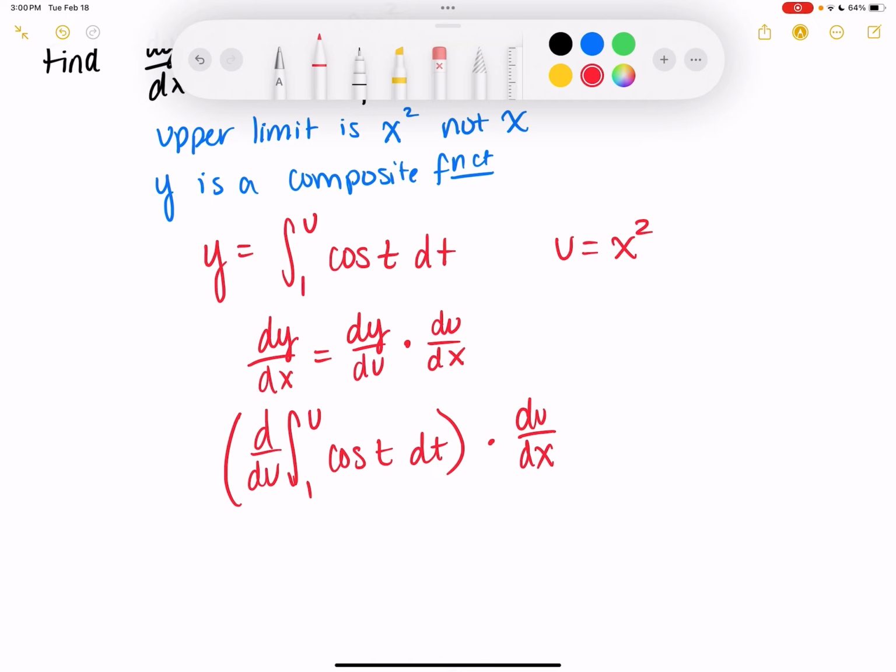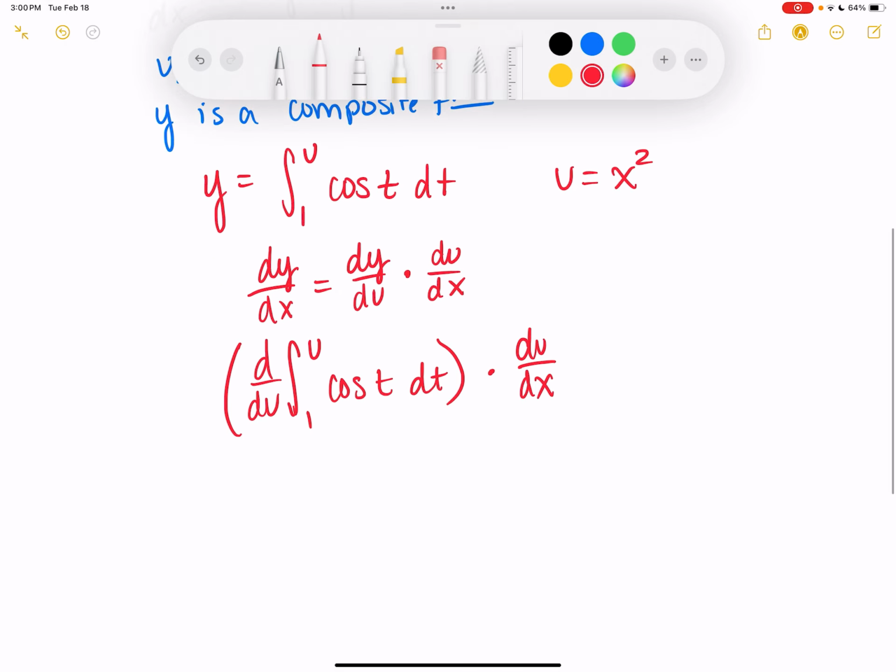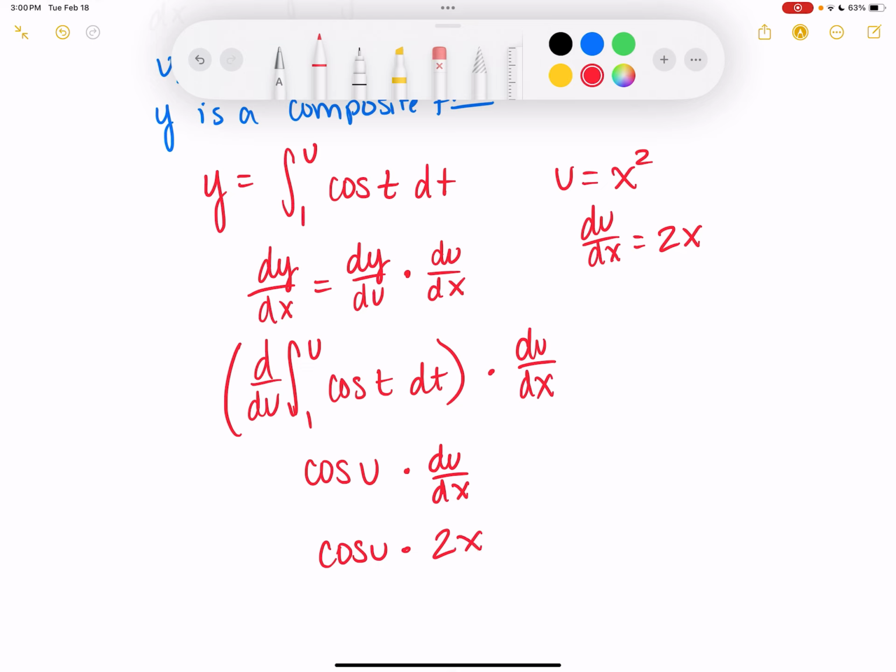So this first part in parentheses is just like what we did up here. So this part is just the cosine of u times du dx. Now, what's the derivative of u? 2x. So this is the cosine of u times 2x. Now I replace u down here.